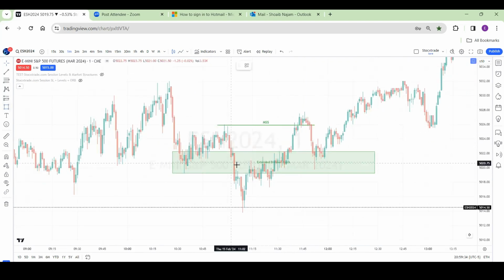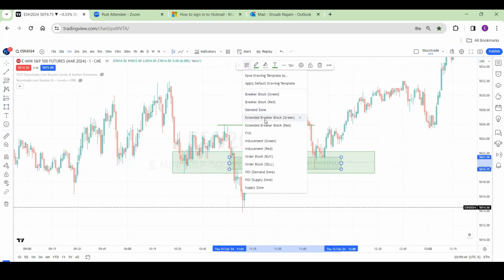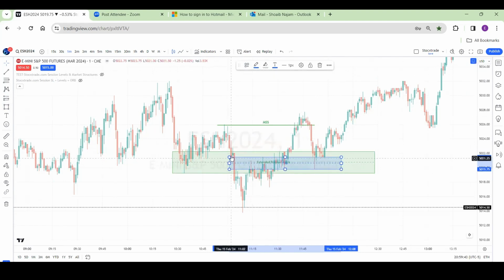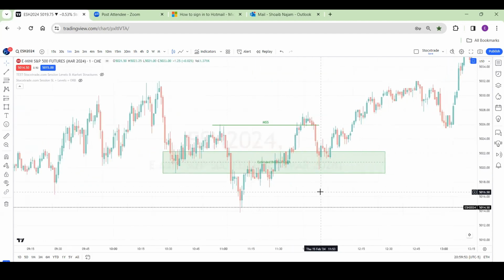And if you see this inverse fair value gap, which is already filled. Okay, I'm just marking it to show you this because the price came down, then once it was going in the bullish direction, it filled. Okay, but not now. It's not there right now.